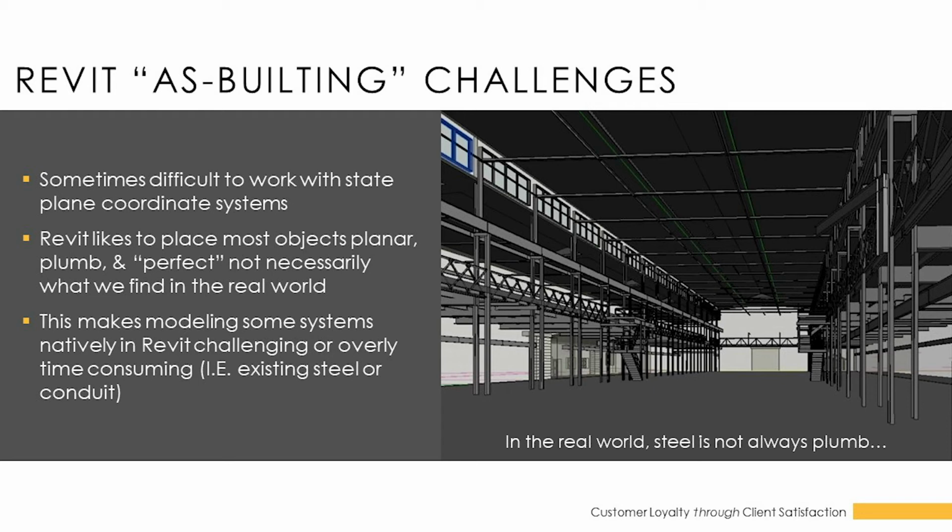It's not necessarily what we find in the real world. So this makes modeling some of those systems natively in Revit a little bit challenging. The examples there would be steel and conduit. You've got an example image to the right. There's nearly 4,000 pieces of steel in that model, and I'm pretty sure not a single one of them was planar or plumb. So how do we overcome those challenges?